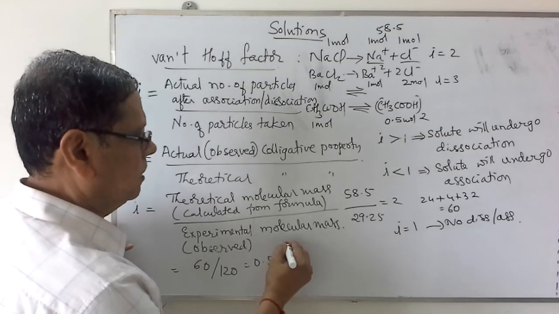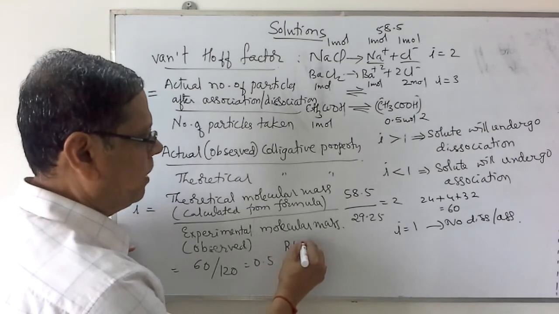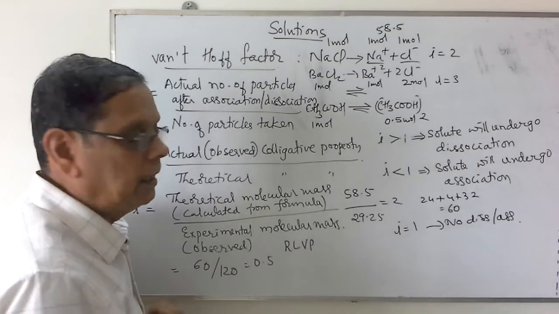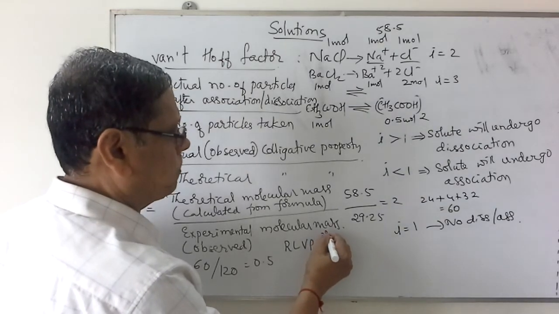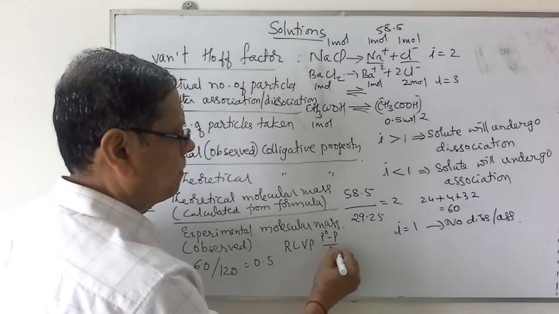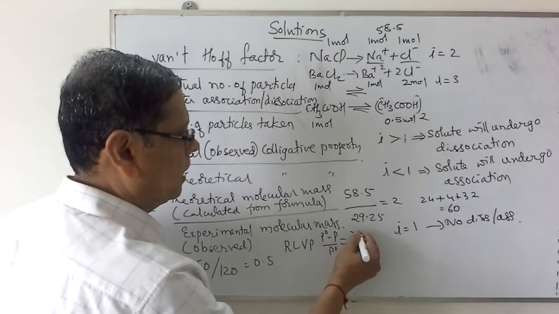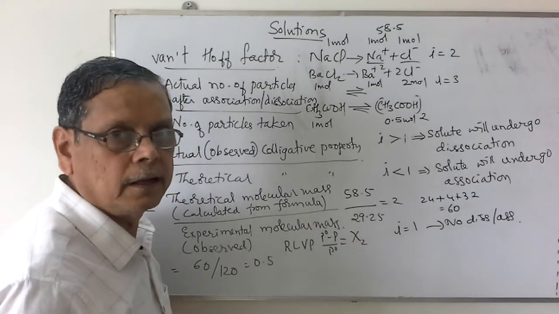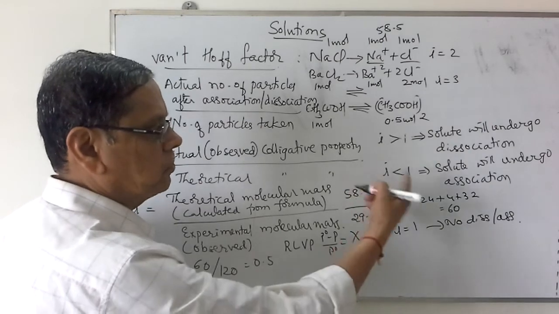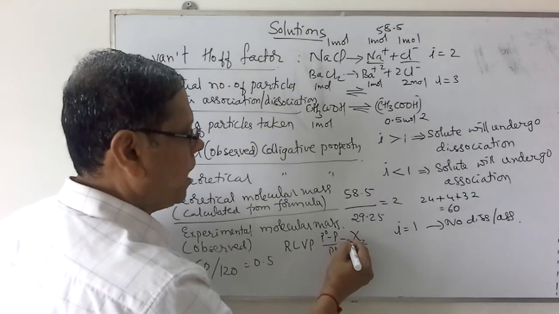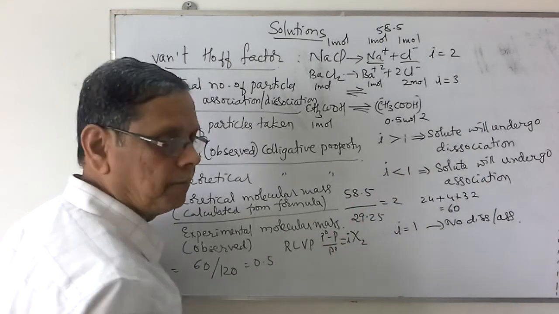So we know the relative lowering of vapor pressure. It is given as P naught minus P divided by P naught. This is equal to the mole fraction of the solute, chi2. If the solute undergoes dissociation or association, we have to include i.